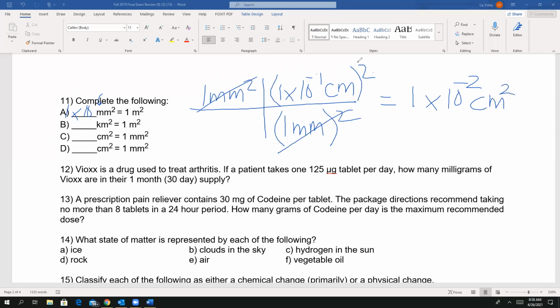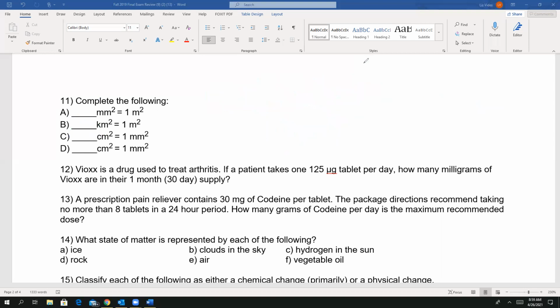You see that? It's the same number. You just got to make sure that you square it. That's all. And the answer for that one is 1 times 10 to the negative 2. Okay. All right. That's that one. Let's clear those.